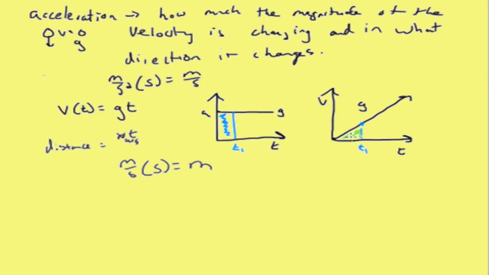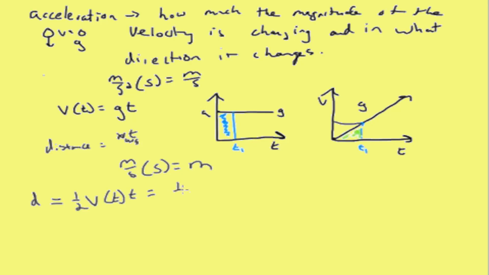But over here we have a triangle. If we were to multiply t1 times this velocity here, we'd be getting the area of a rectangle and not a triangle. So for distance, we get our velocity times time, and since it's a triangle, we multiply it by 1/2.